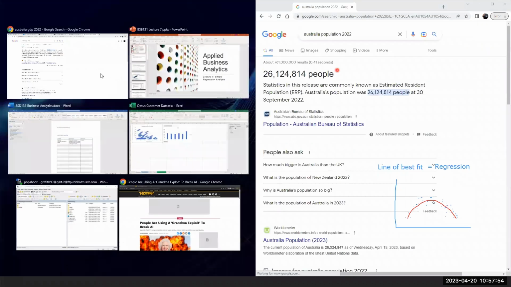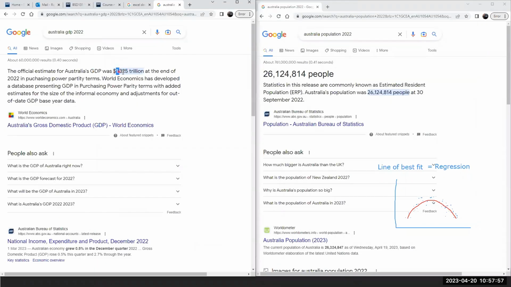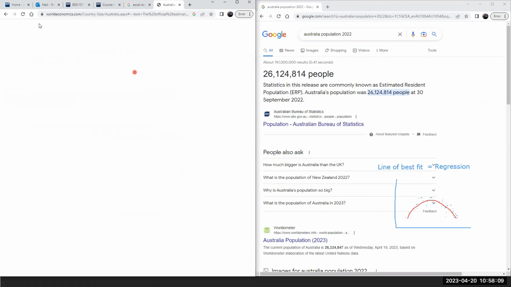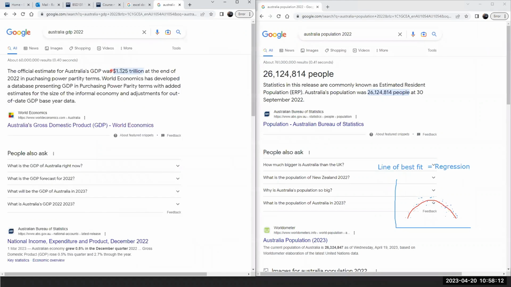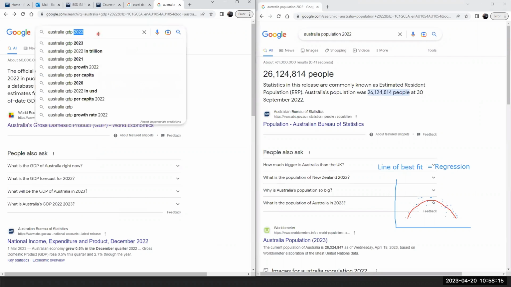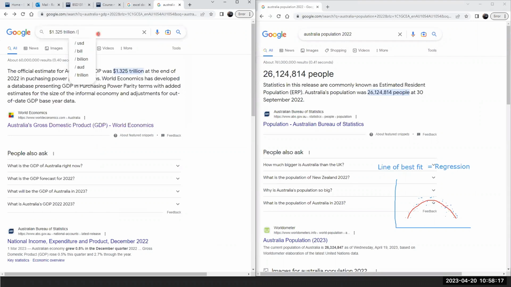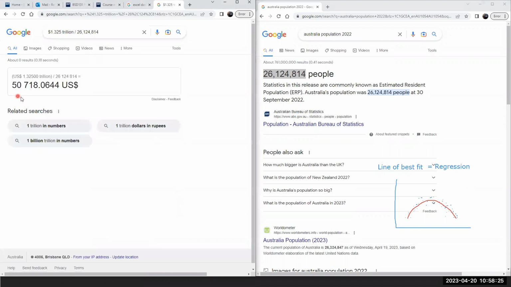So putting these two together, that would be AUD as well.